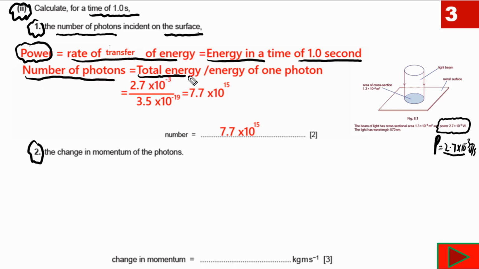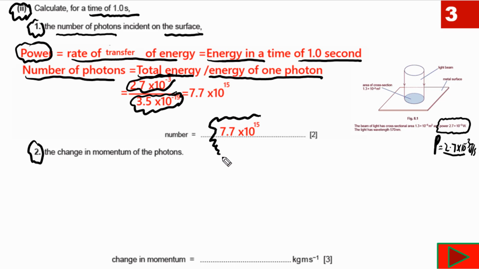Simply, we need the total energy arriving at the surface in 1 second, meaning the total energy of the beam arriving at the surface in 1 second, and we simply need to divide by the energy of one photon. So we have the total energy, we also have the energy of a single photon. We simply need to divide and we can calculate the total number of photons. So here is the total number of photons.